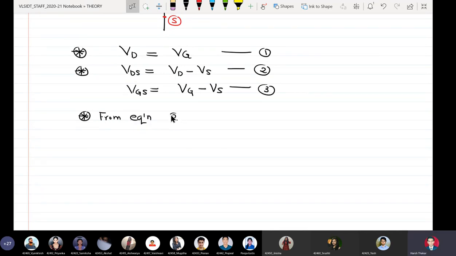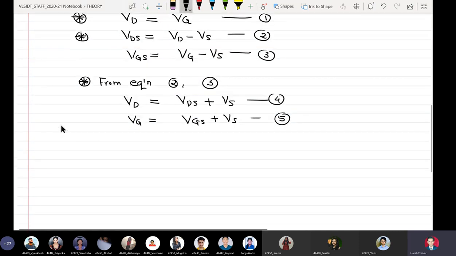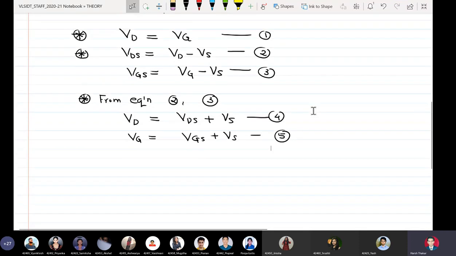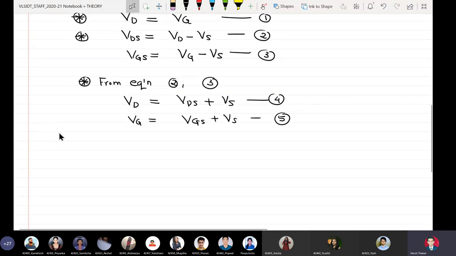From equations 2, 3, I can say VD is equal to VDS plus VS. Similarly, VG is equal to VGS plus VS. So let these be equation number 4 and 5. So now what I do is I will substitute equations 4 and 5 in equation number 1.